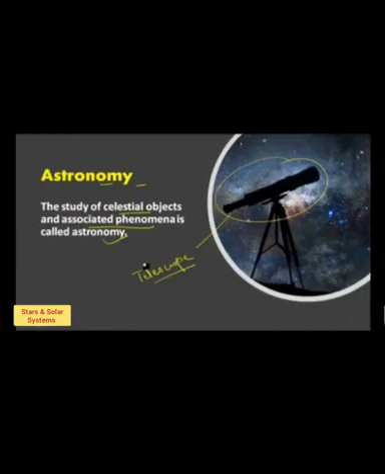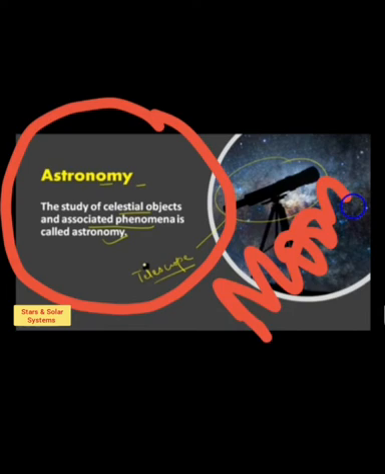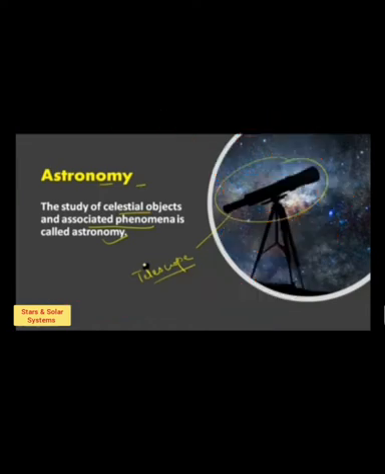Next is astronomy. It is the study of these celestial objects. If someone studies the moon, or studies stars, all these in combination are said to be the study of all celestial objects or various phenomena. Like we have seen a star breaking down, what we call in Hindi टूटता हुआ तारा.